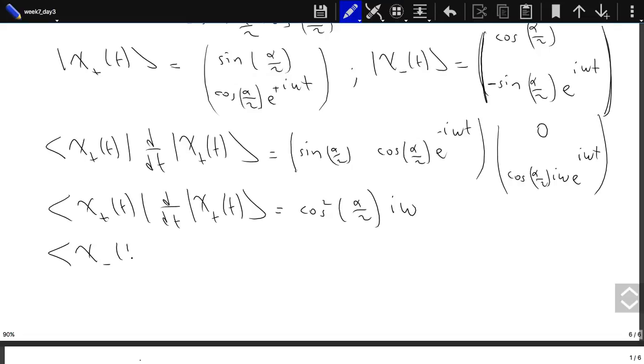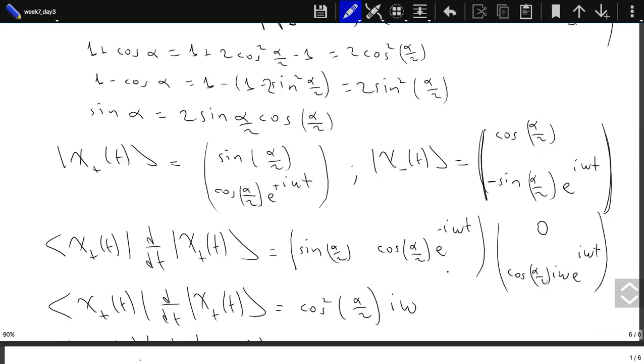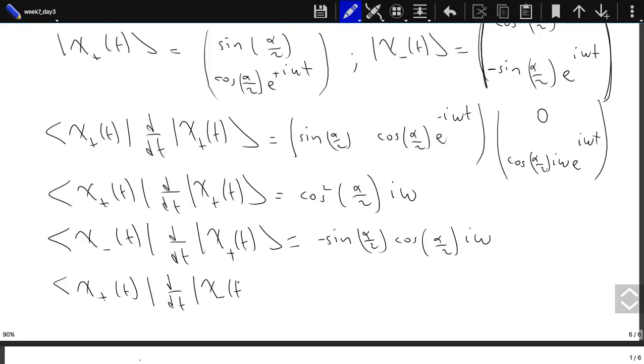Then we have chi minus of t d by dt chi plus of t. The only difference will be, here we would have chi minus, so we have minus sine alpha over 2 cosine alpha over 2 times I omega. Then we have the one with the plus sign, with the minus on the right, chi plus of t d by dt chi minus of t.